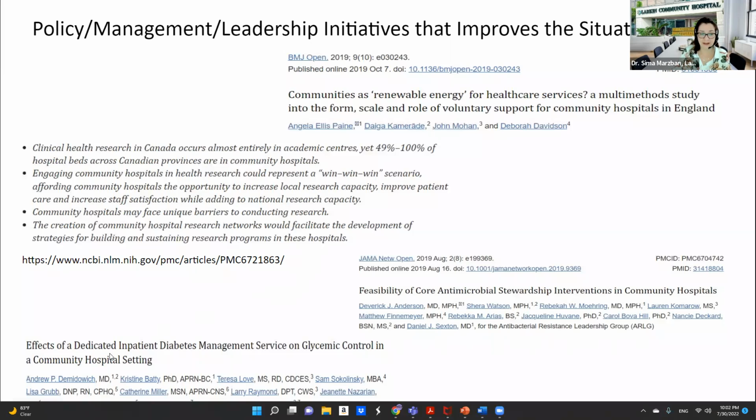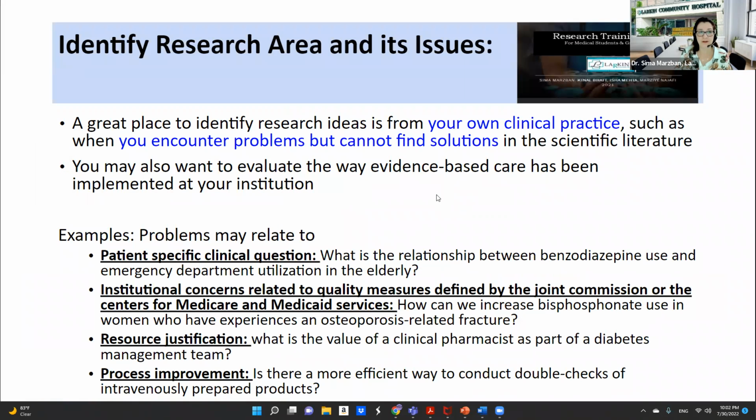Effects of a dedicated inpatient diabetes management service to control glycemic situations in a community hospital setting. You see, those are management and leadership initiatives to improve something. Again, improving processes in community hospitals or teaching hospitals.